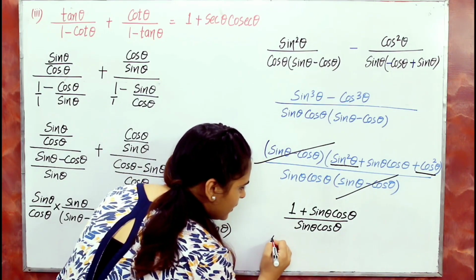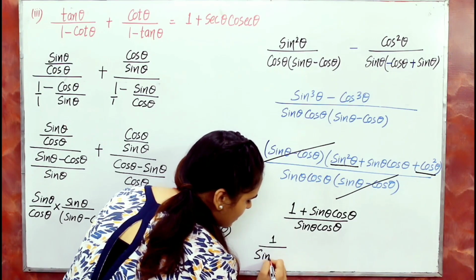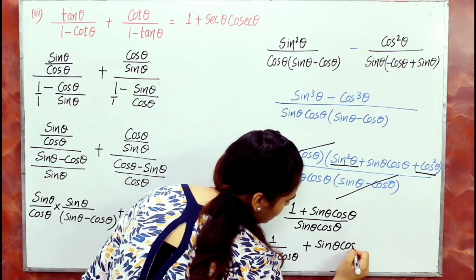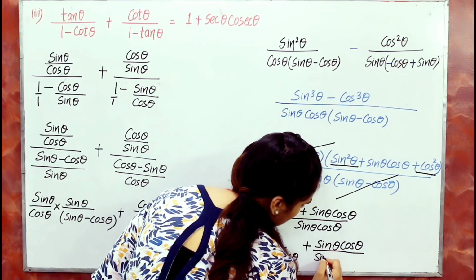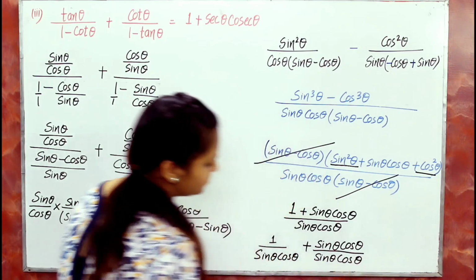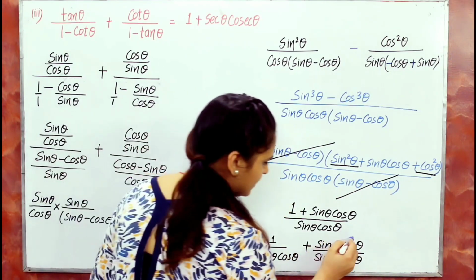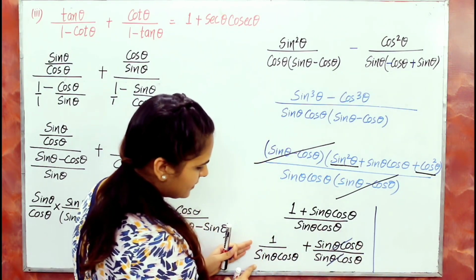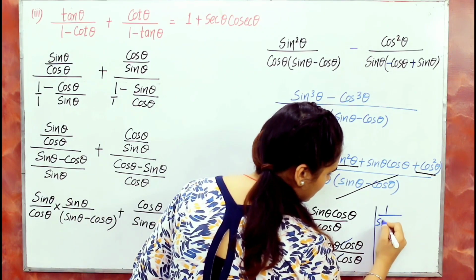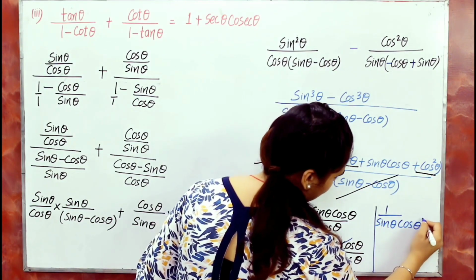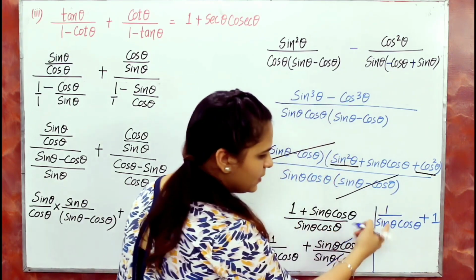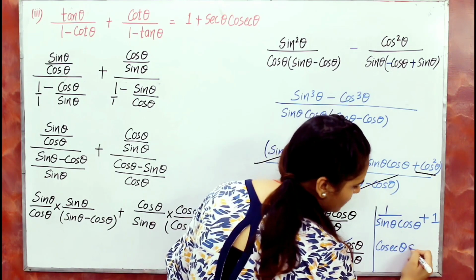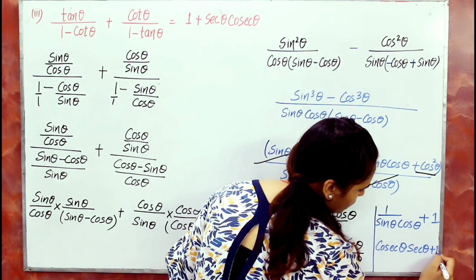From there you can write 1 upon sin theta cos theta plus sin theta cos theta upon sin theta cos theta. Again you can cancel this, so this will be 1 upon sin theta cos theta plus 1. 1 upon sin theta is cosec theta and 1 upon cos theta is sec theta, plus 1.